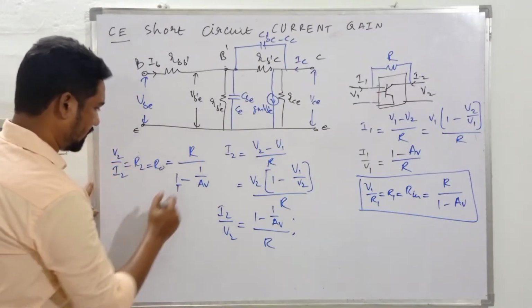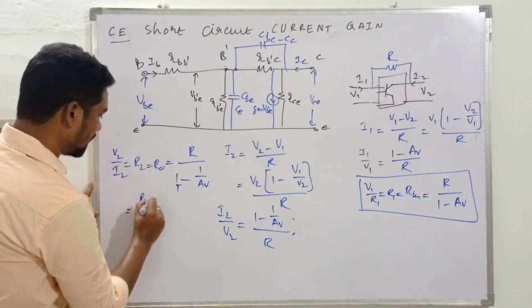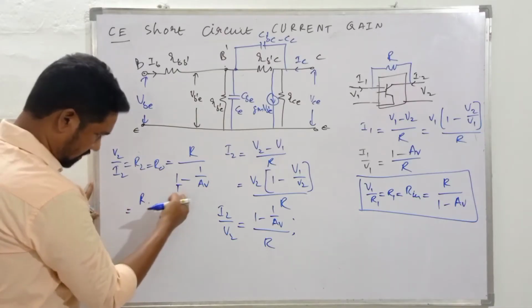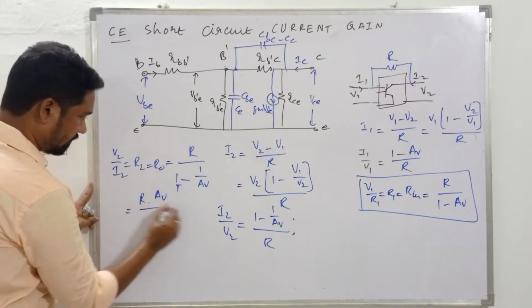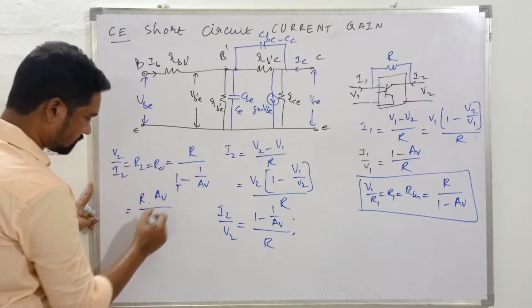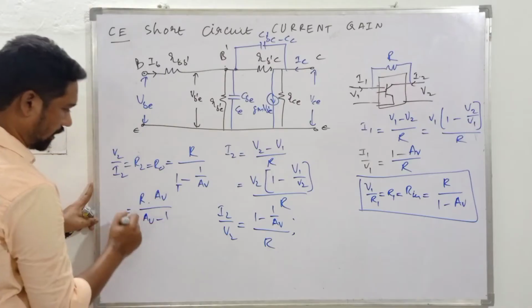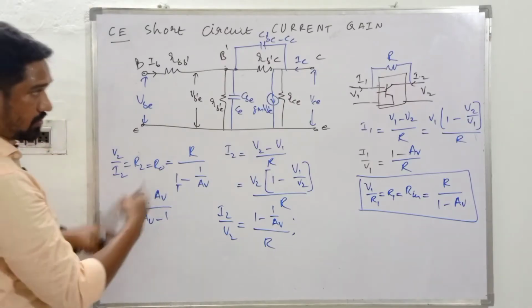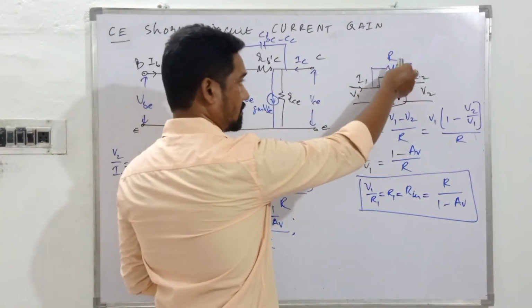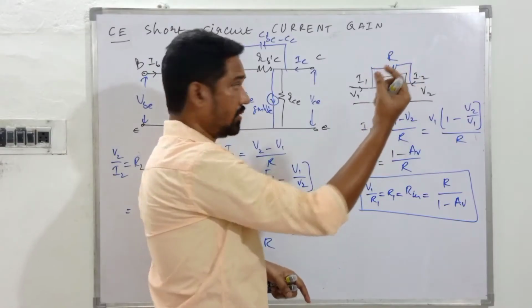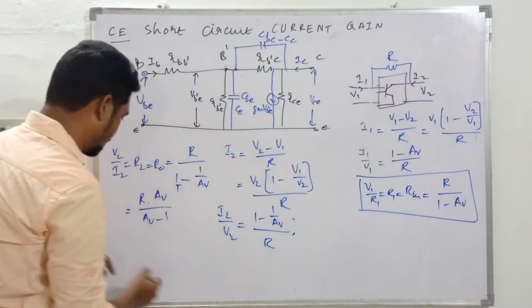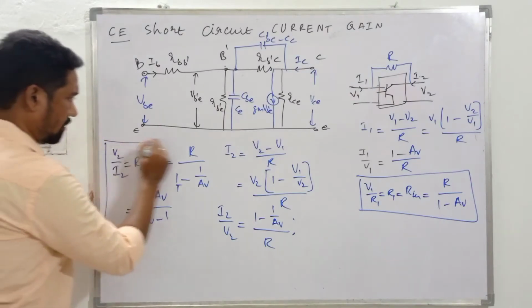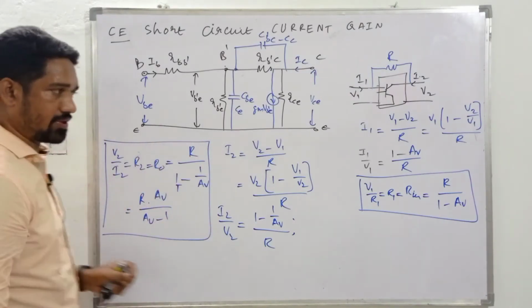Simplifying this, we have R into AV by (AV minus 1). So this is the amount of resistance that can be removed from here, and this is the amount of resistance that can be placed in the output. These are the important equations suggested by Miller's theorem.